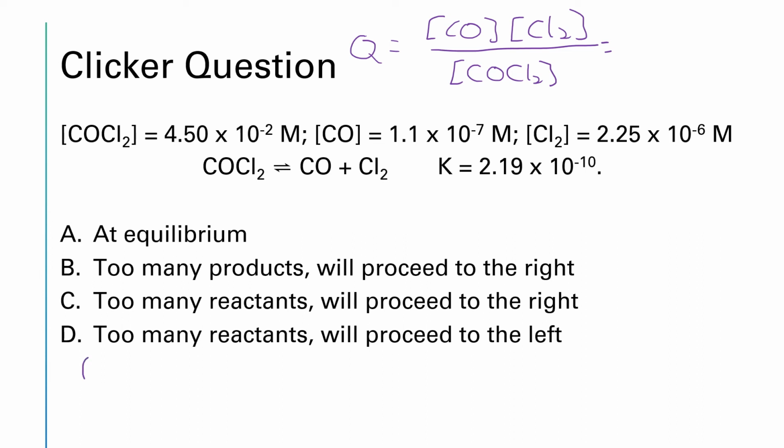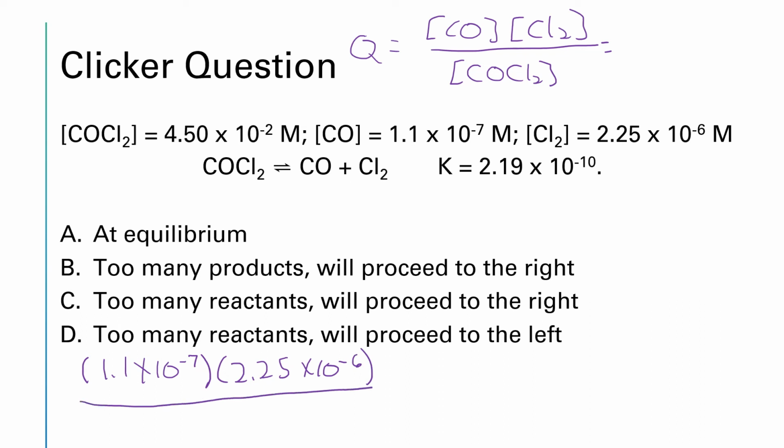For CO, we have a value of 1.1 times 10 to the negative 7. For Cl2, we have a value of 2.25 times 10 to the negative 6. And for the denominator, we are going to have 4.5 times 10 to the negative 2.